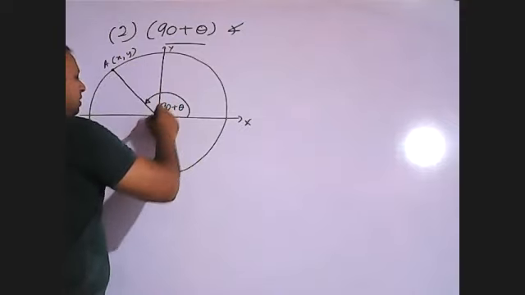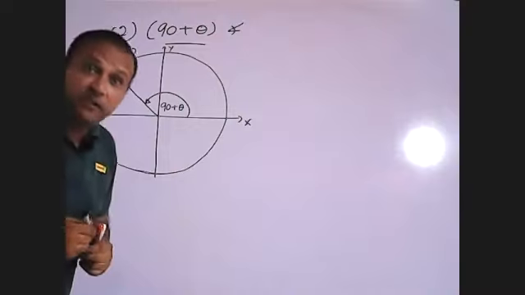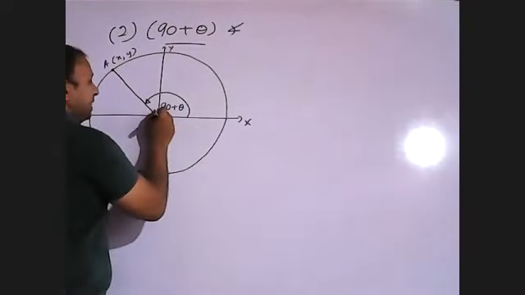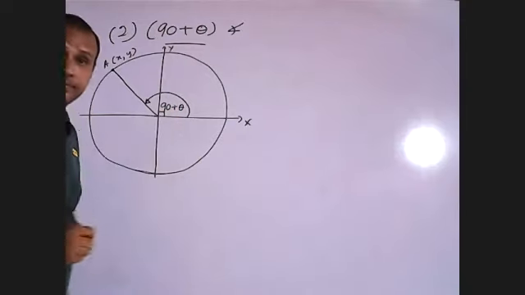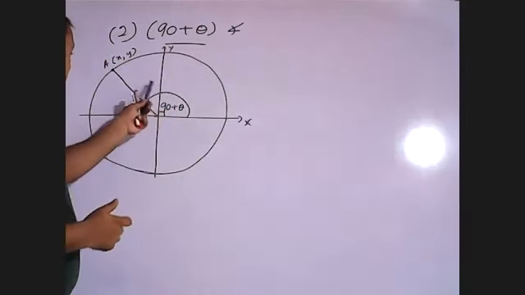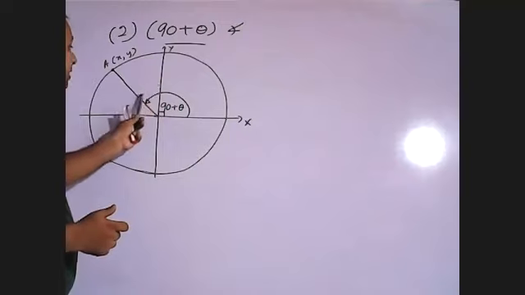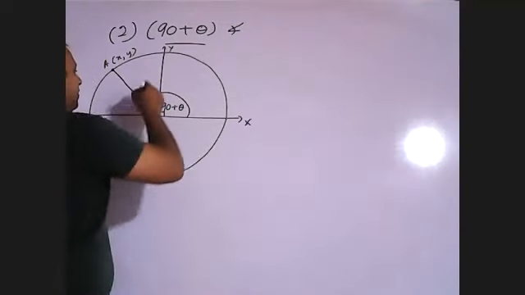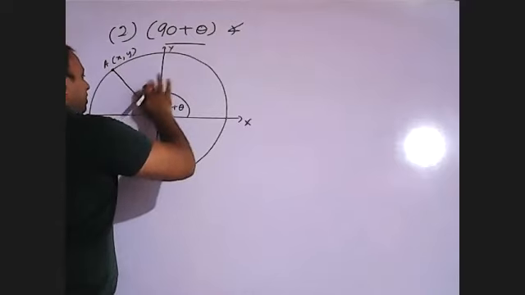If it is 90 plus theta, I know this angle is equal to 90. So this is a small angle, which means this acute angle should be equal to theta.